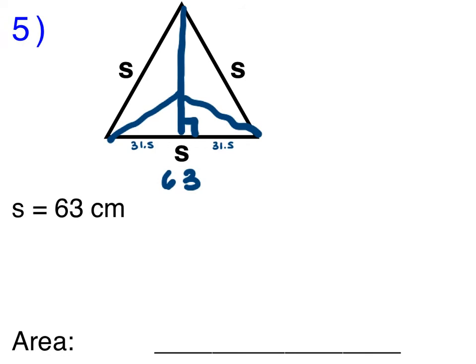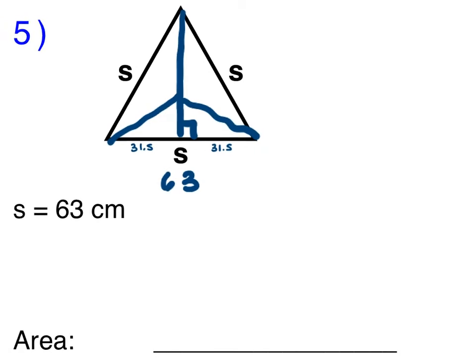And then I need to find the height of this. I'm going to use the Pythagorean theorem. But again, you could also use the other way. So this was 63. So I would say 31.5 squared plus the height squared equals 63 squared.